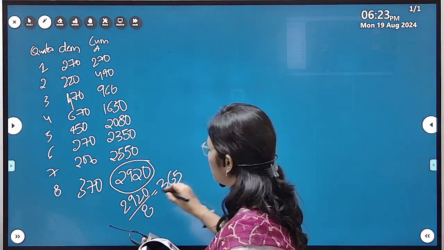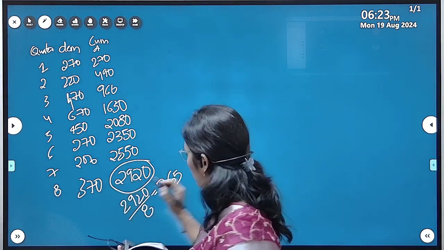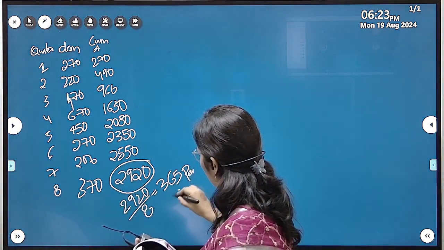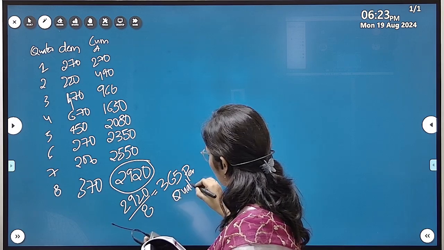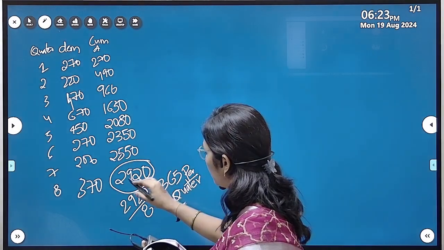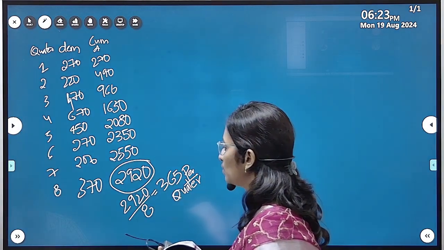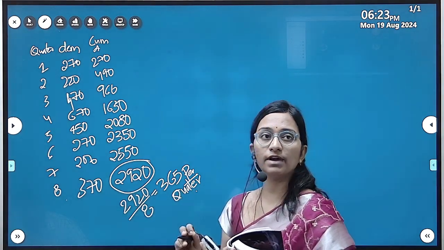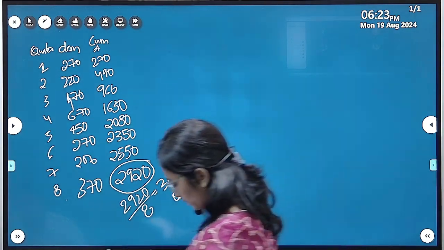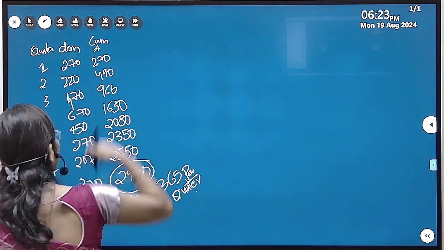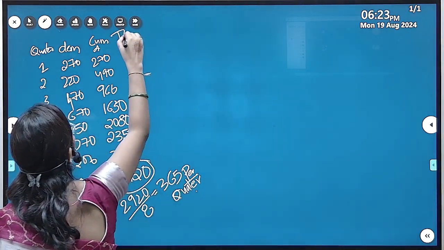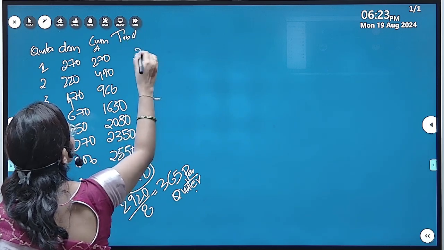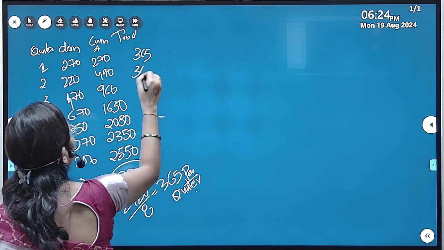Okay, 365 we will get per quarter. So where the total demand is 2920, divided by 8 quarters, we get 365 per quarter. So write: production level is 365 for every quarter.